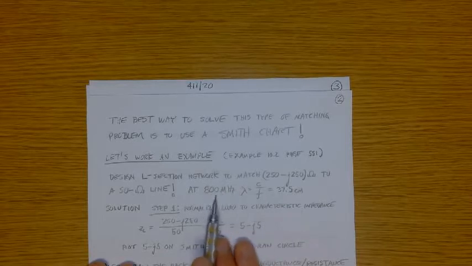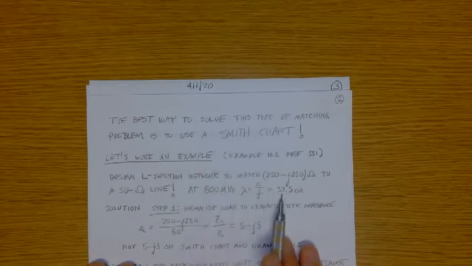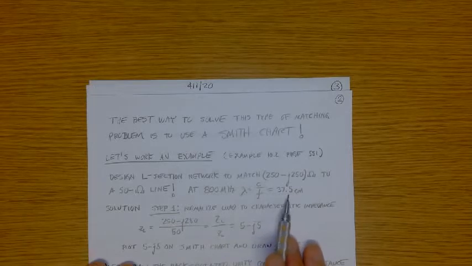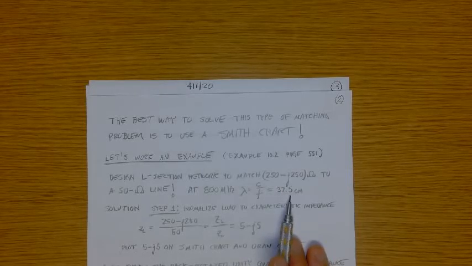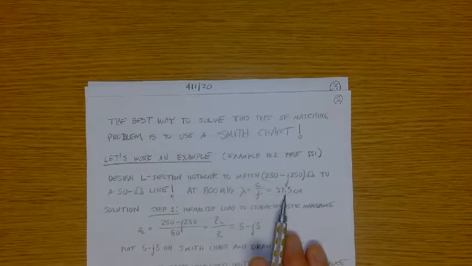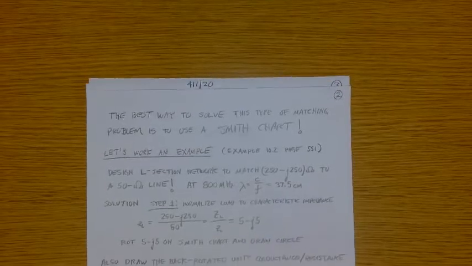That's a fairly low frequency, so if you're using stubs, these could get pretty long. 37, 40 centimeters is a pretty long stub. It might be more appropriate and more compact to use lumped circuit elements, so let's figure out what the values of those required circuit elements would be.